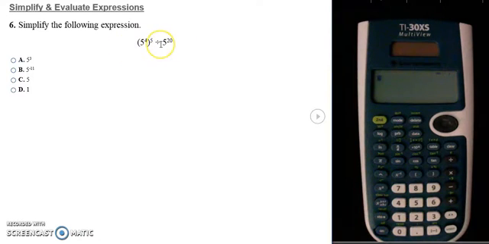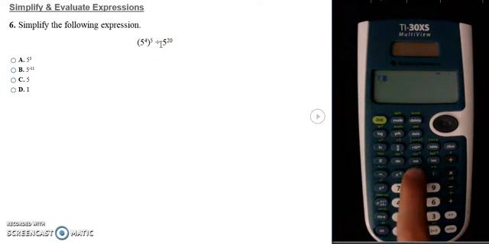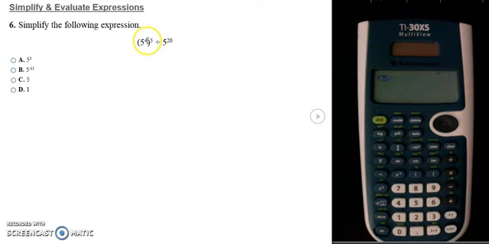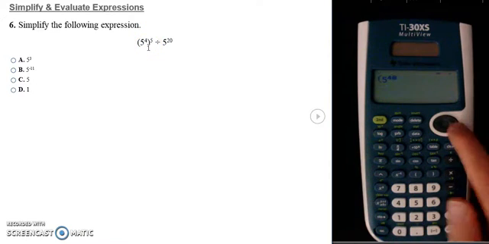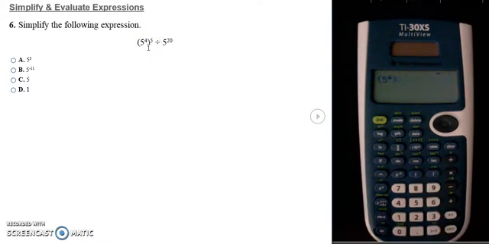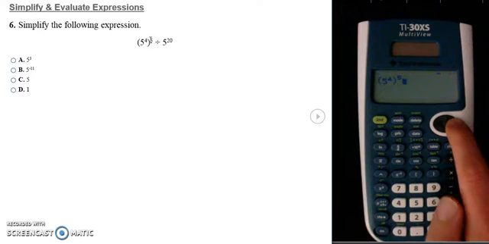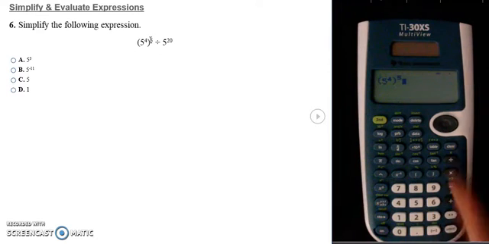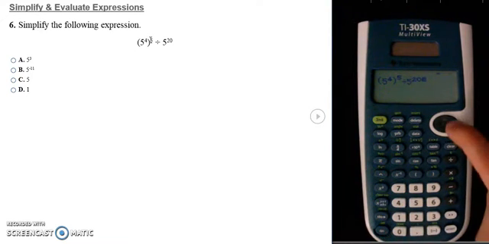So here I'm just going to type this in the way it looks. So I'm going to have a parenthesis, 5, and then I have an exponent of 4, so I'm going to use my caret button to go up to the 4, and I press 4, and now this parenthesis is not part of the exponent, so I'm going to have to arrow out of that exponent, end the parenthesis, and then I have another exponent, so I'm going to have to caret again, plus 5, and then before I press division, I'm going to have to right arrow out of that exponent, then press division, and then I have a 5, and then I'm going to press the caret button, type in 20, right arrow out of everything, and press enter.